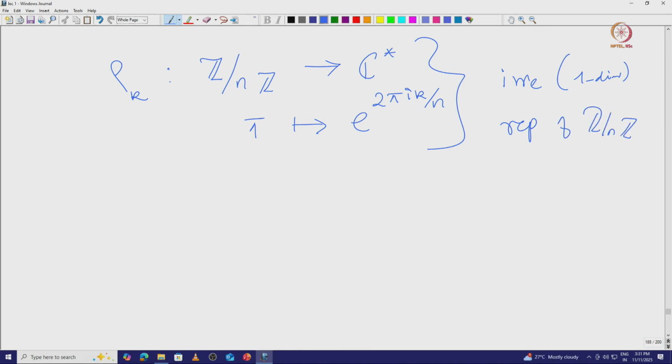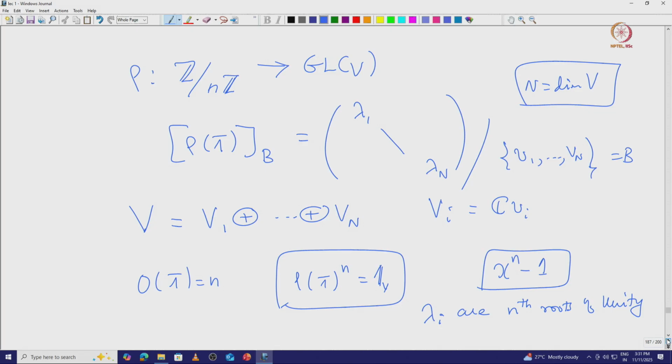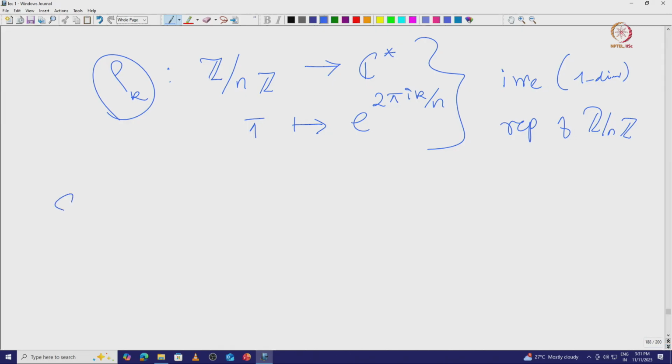So, now what is the relation between this rho_k and this V_i? We can easily see that these V_i's are isomorphic to these rho_{k_i}'s, since this lambda_i belongs to the nth roots of unity.